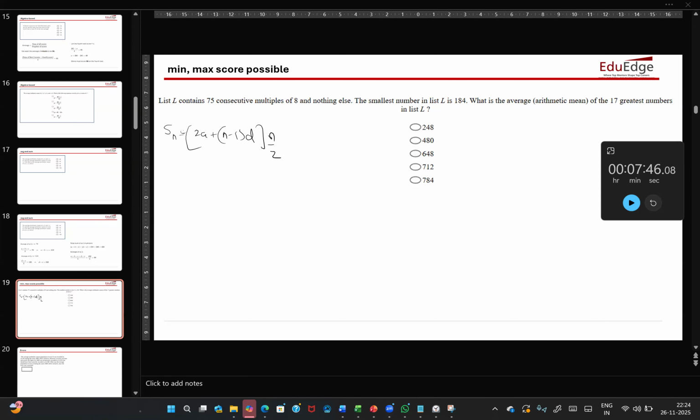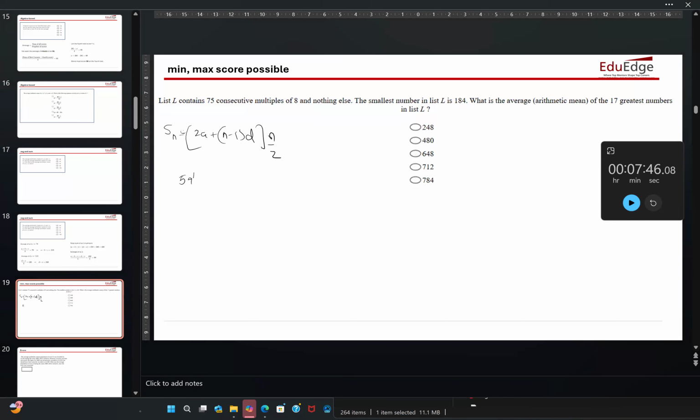So you found the 59th term. Then n minus 1 will be 58 into D, which is 8, and n upon 2. But I also need to divide by n, so I can cancel the n and just divide by 2.